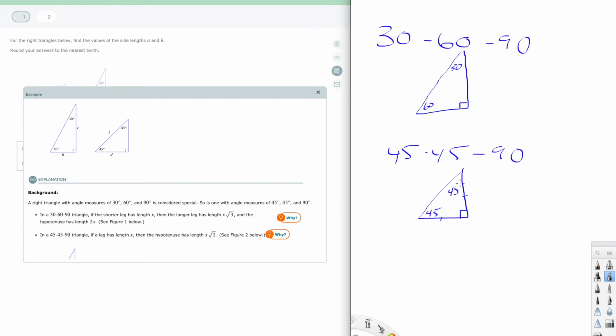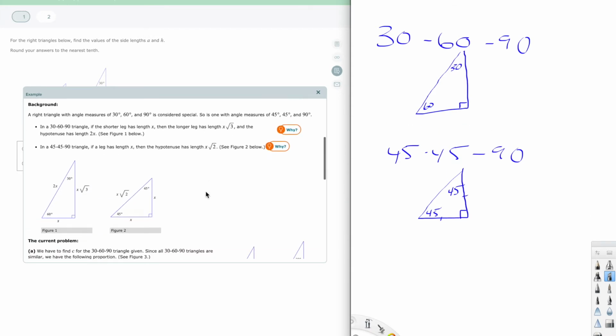And when we have these special triangles, we have this very specific relationship between the sides. So on a 30, 60, 90, if we have the smaller side across from 30 equaling x, or whatever number it is, then the hypotenuse, which is across from the 90, the longest side, will be 2 times the small side, and the segment that's across from the 60 will be x times square root of 3, like that.